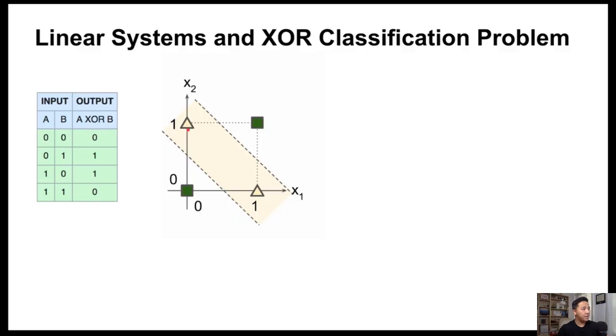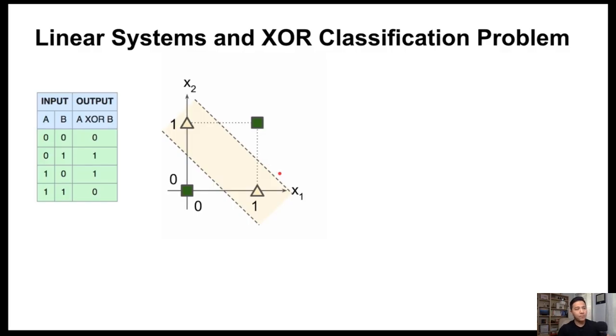However, from here to here, with x1 equal to 1, when you want to go from 1 to 0, you have to decrease the weight W2. So this creates a conflict. In short, no linear system is able to separate these four inputs into classes. You can see graphically that you cannot fit any linear function to separate these into two classes correctly.